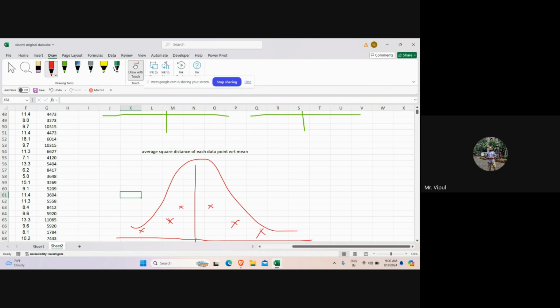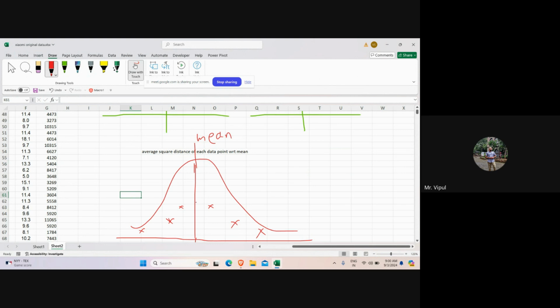From the mean, the center line is your mean.